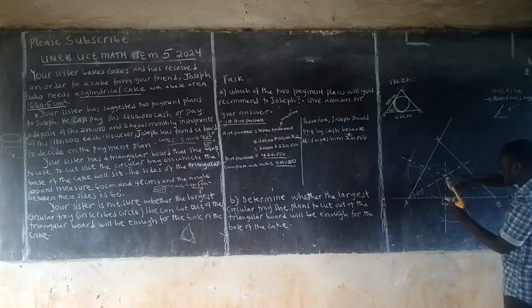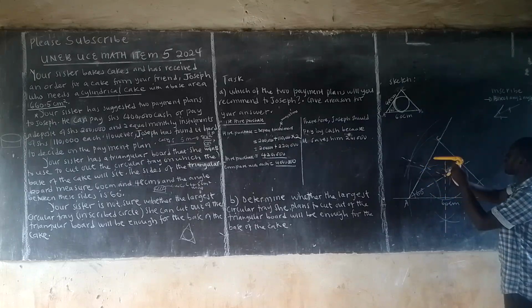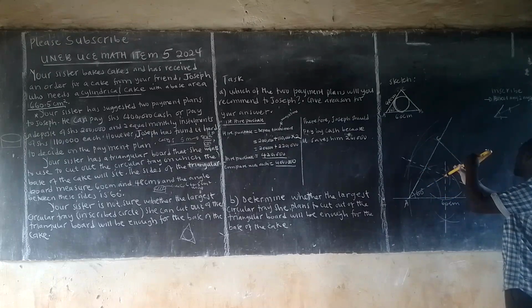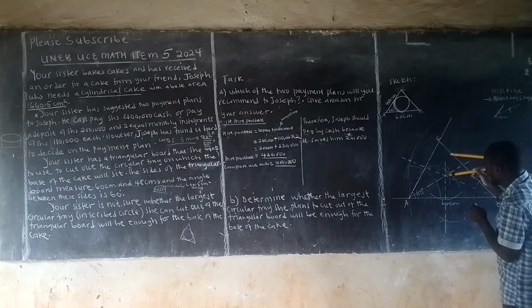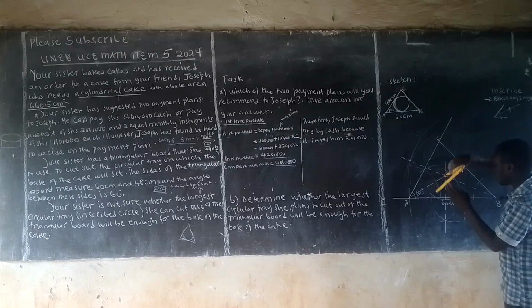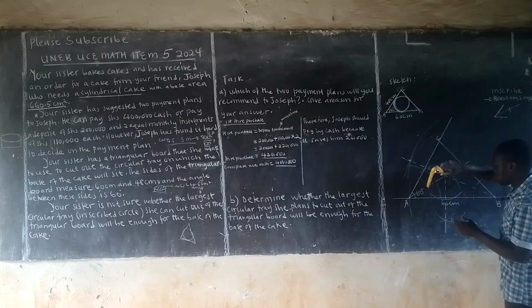Adjust up to that level. Okay, good. So put it here, adjust this line where it's meeting this point, like that. Then start drawing.